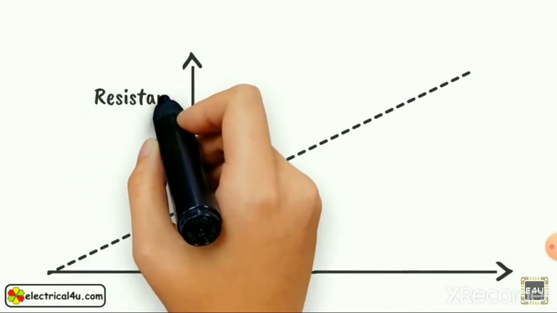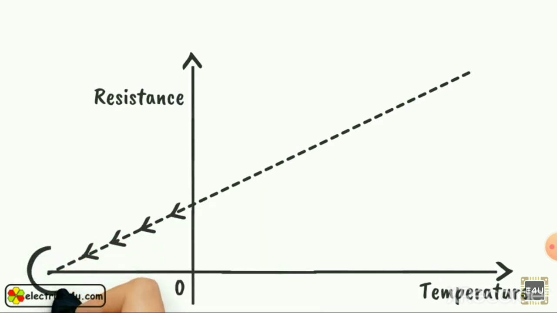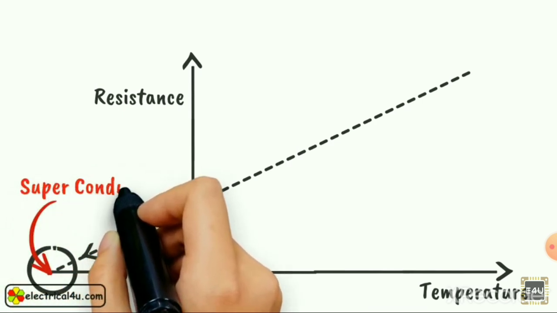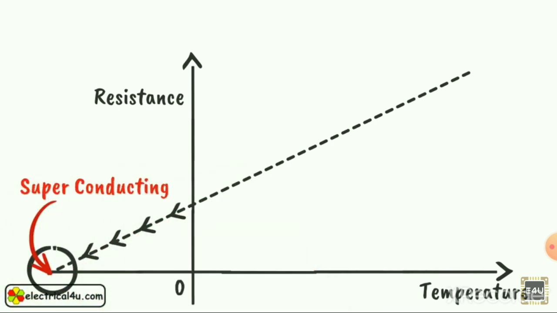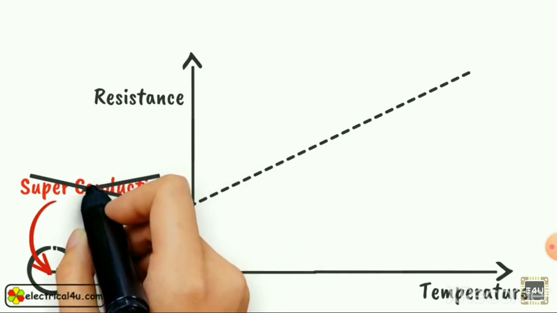If we go on decreasing the temperature to a very low value, the material attains a state of zero resistance. The material at that state becomes superconducting, that is, conducting with no resistance at all. This condition is not practically possible. That means no conductor can get zero resistance property.